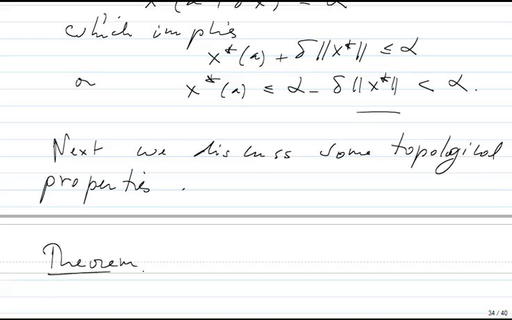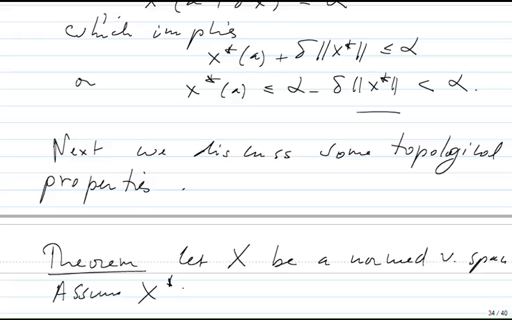Let X be a normed vector space. Assume X star is separable. Then X is separable.